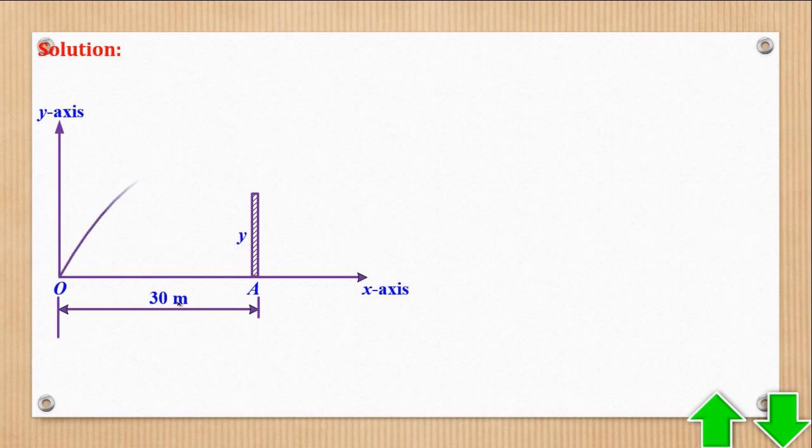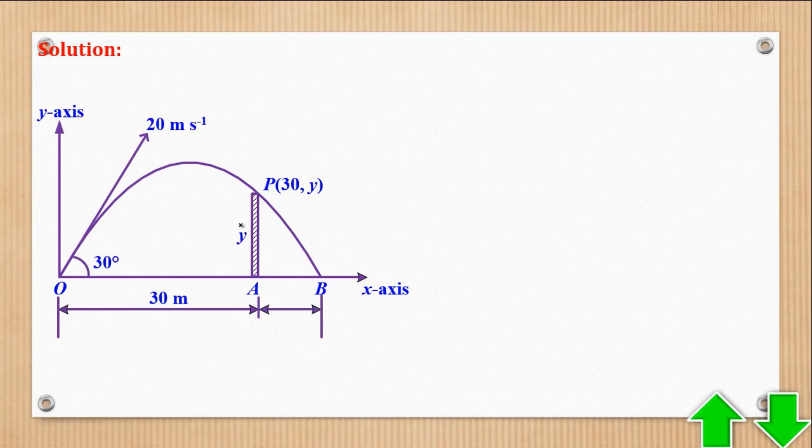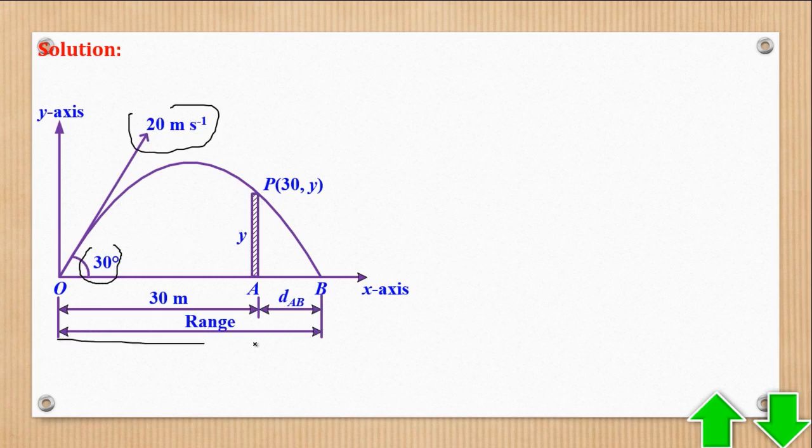Then we shall draw the path taken by the ball up to there. So this is what they mean by brushes. It passes exactly at the top of the goalpost. And the velocity was this, and the direction of motion was that. So from here to the very end is what we call the range. Okay, so for now, what they want... Let me see the question.